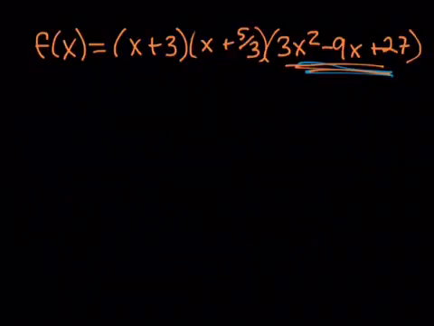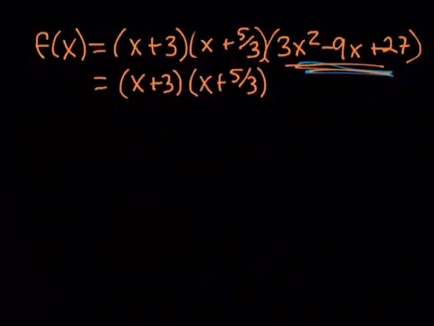So what you'll usually see, we like to write these without fractions. So the only reason we're able to factor out a 3 from here is because I sort of took it from this x plus 5/3.